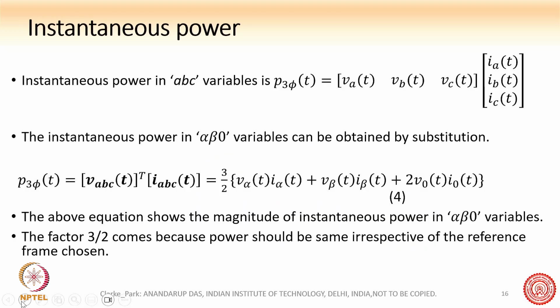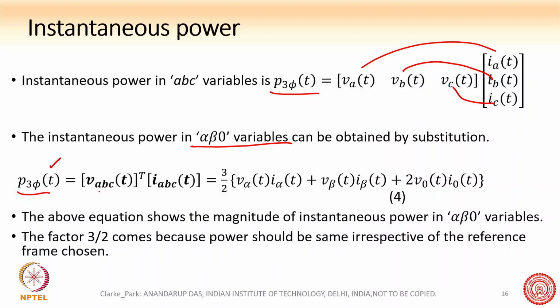Now, what is the instantaneous power? Instantaneous power in a 3-phase system is basically the product of the voltage and the current. Similarly, the instantaneous power in alpha beta 0 variables can be obtained in a very similar way. So P3 phase is the instantaneous power; remember, this is instantaneous active power.